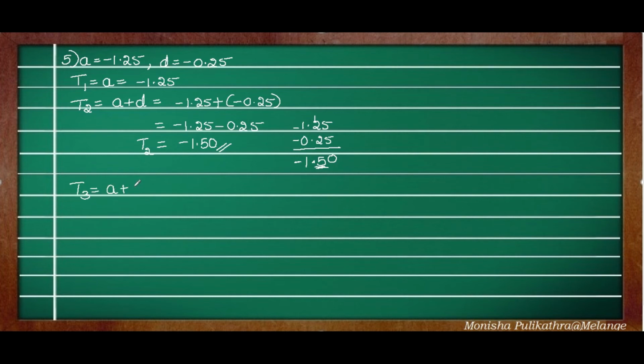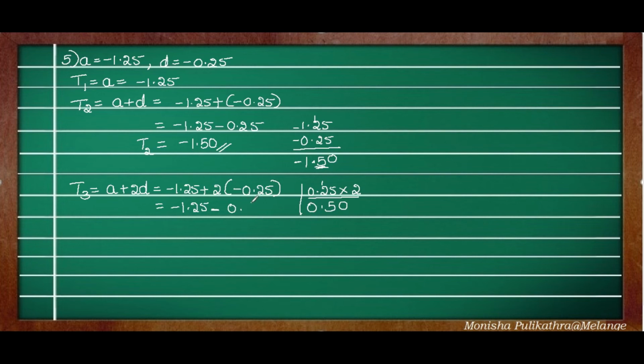Moving on to the third term. Third term is given by A plus 2D. A is minus 1.25 plus 2 into minus 0.25. Here we need to multiply it first. That is minus 1.25 as it is. Here plus into minus is minus. Then we need to multiply 2 into 0.25. 2 into 5, 10. 1 carry, 2 2s are 4, 5.